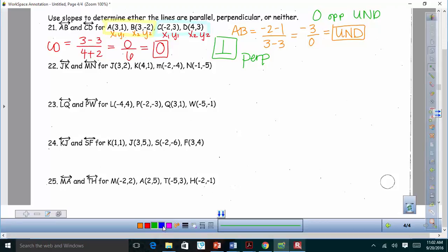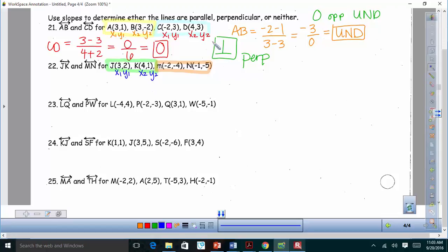All right, let's try another one of these. So this one we're looking at JK and MN. So I'm going to go over here and highlight JK and then MN, so I can keep them straight. So JK, we're going to go ahead and label X1, Y1, X2, Y2. Every time you find your slope, make sure that you're labeling which one you're finding.